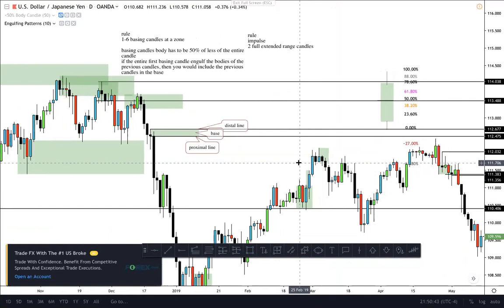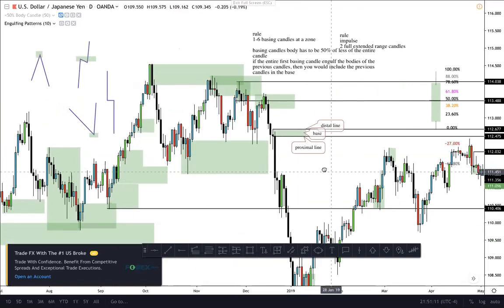The market left the zone strongly, so you could consider that it has a lot of bias at that zone based on how the market leaves the level. How the market leaves the level is very important. If the market leaves the level slowly, then the level is not high probability. The market has to leave the level strongly for it to be high probability.